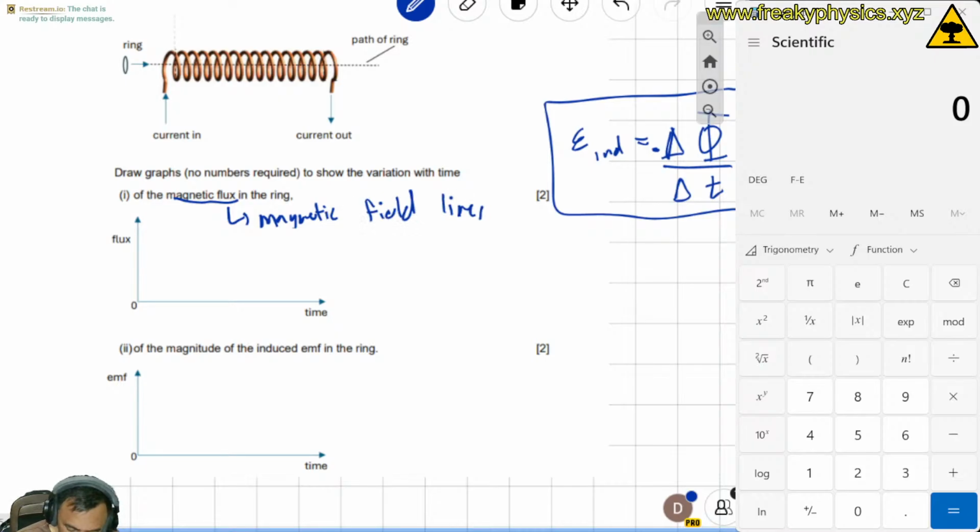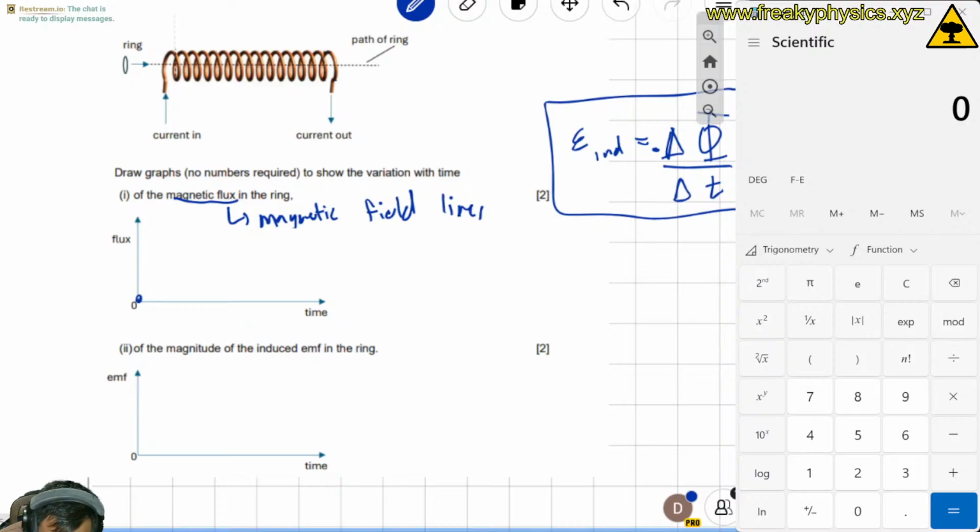So when you're really, really far away from the magnet, how many field lines would be flowing through the ring? You'd expect it to be zero, yeah? Yeah. Okay, but here's the thing. At the beginning, it's really far, so you expect it to be zero here.